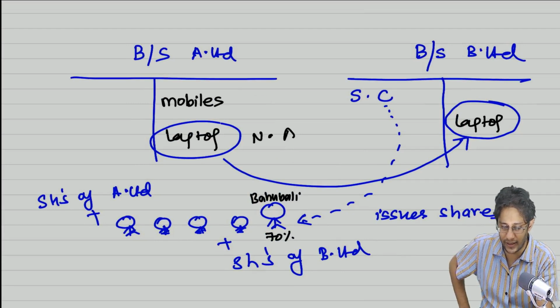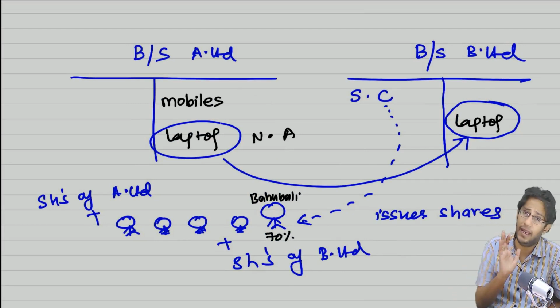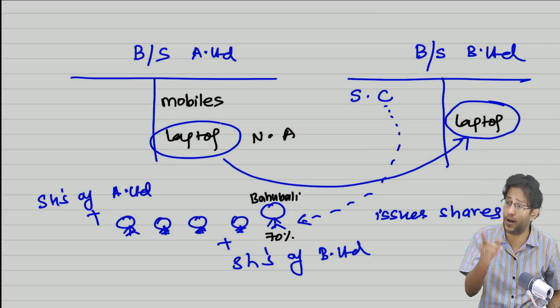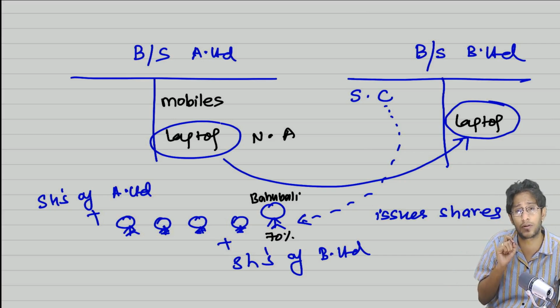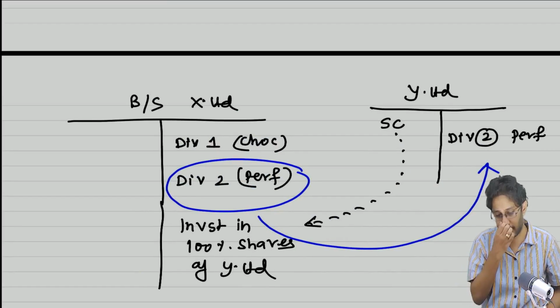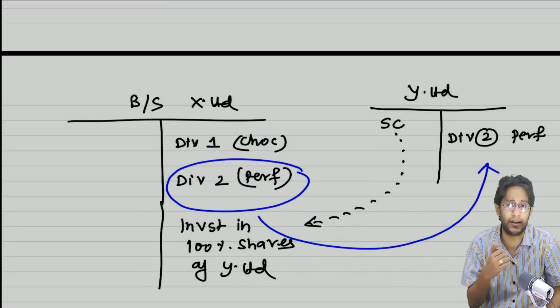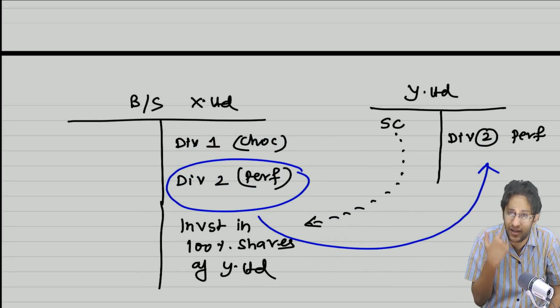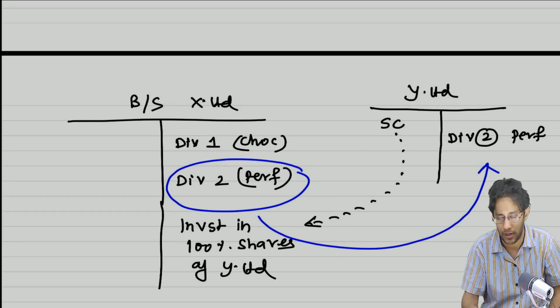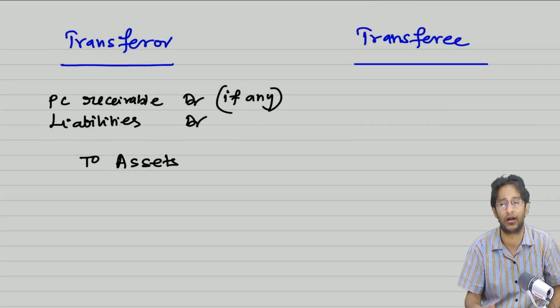Whatever net assets relate to the laptop division, A Limited has to derecognize. But A Limited does not have a PC receivable there, because PC is paid by B Limited directly to the shareholders of A Limited. So A Limited may not receive anything. But look at this example. X Limited transferred the perfume division, but in return it is receiving some PC in the form of shares in Y Limited. So if it is there, you will write it. If it is not there, you will not write it.